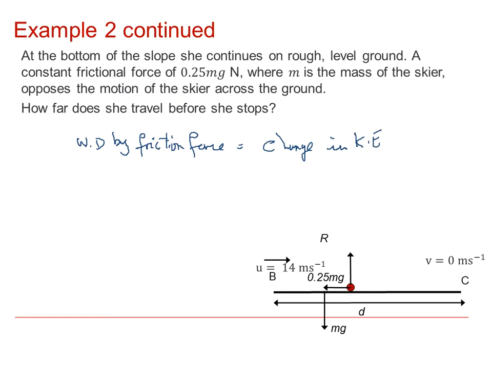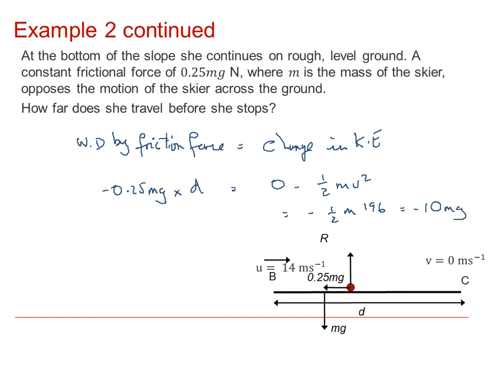and the work done by the frictional forces, so that's negative 0.25 mg multiplied by the distance moved d, and the change in the kinetic energy, the final kinetic energy is 0, and then minus the initial kinetic energy, half mv squared, and that would be equal to negative of 1/2 m multiplied by 196, or 98 m, which of course was negative 10 mg.